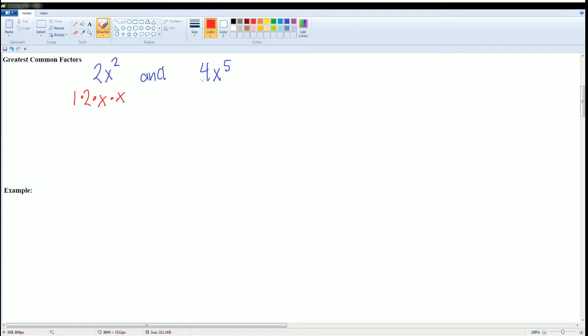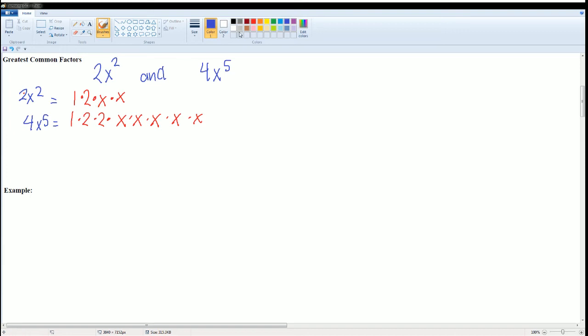Then here you have 4x to the 5th power right under it. So 1 times 2 times 2 makes 4, times x times x times x times x times x. 1, 2, 3, 4, 5. So this is what 2x squared was equal to, and this is what 4x to the 5th was equal to.